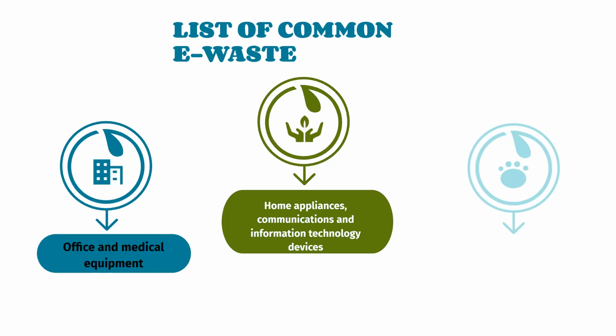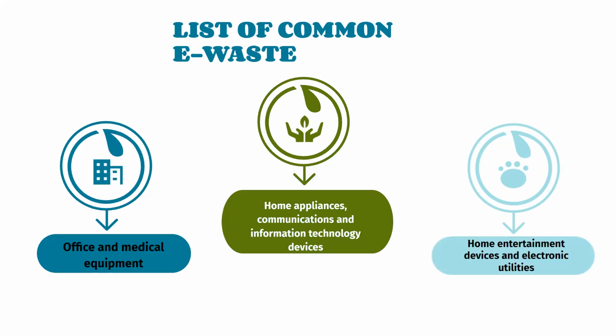We have a third segment, and that we talk about is home entertainment devices. DVDs, they are still being used in certain cases, stereos, video game system, home theaters, printers, and so on.